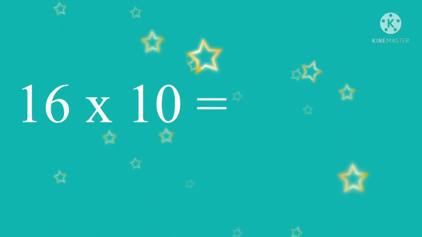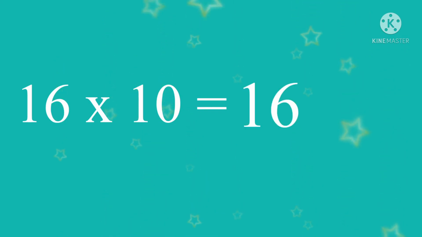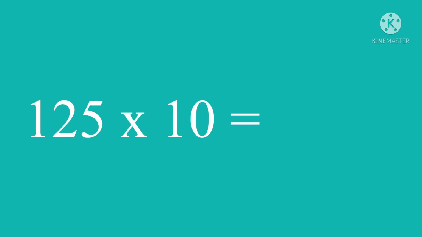For example, 16 into 10. First, place the number 16 and then put a 0 onto the right of the number. So the answer is 160. Next, 125 into 10. Write the number 125 and then put a 0 onto the right of the number. So the answer is 1250. So that is easy, no children?